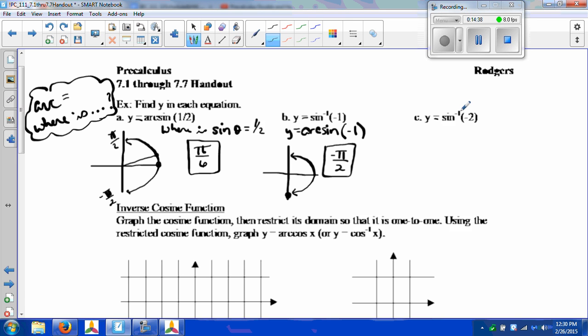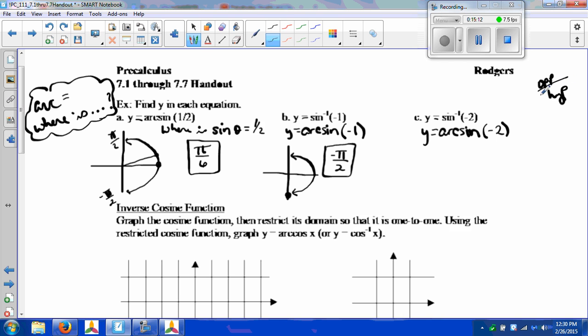Finally, where is sine -2? Well, if you think about the unit circle, it only goes down to -1 or up to +1. And we learned this a while back, opposite over hypotenuse, it can never be bigger than 1 because the opposite side, by definition of a right triangle, is always smaller than the hypotenuse.